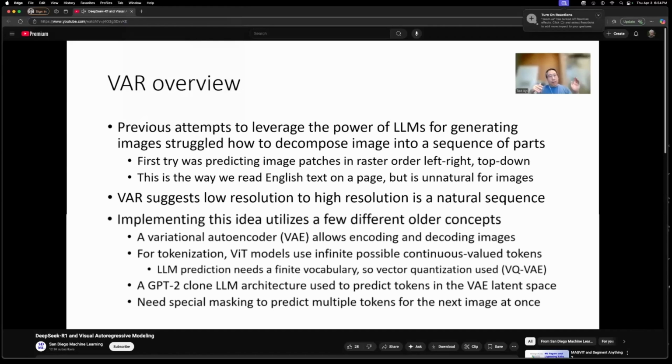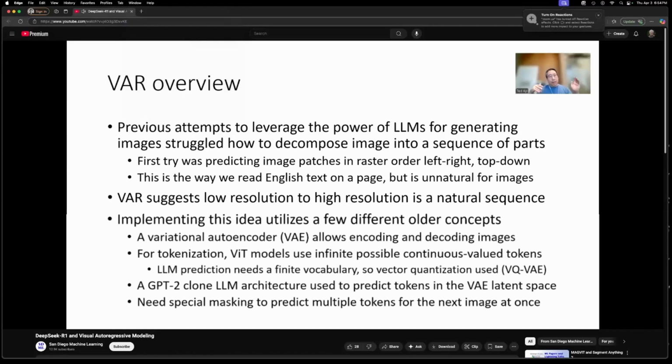And then what we're going to see is that when you're going from low res to high res images, these images are not going to be just one token anymore. And that's another thing that I love about this paper. I think this is an underexplored area with transformers and LLMs, in that with language, we've just been predicting one token at a time.